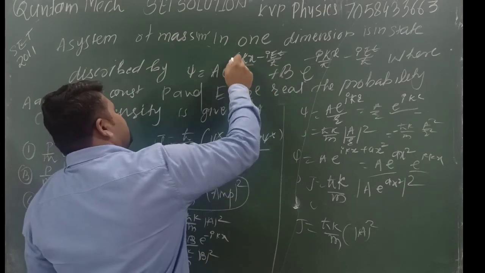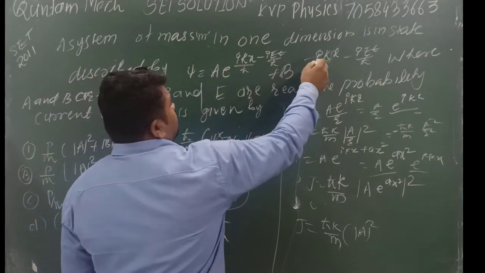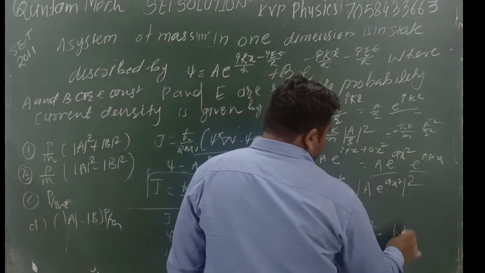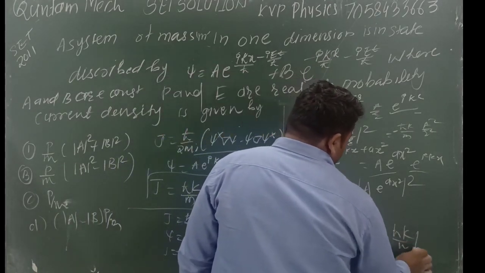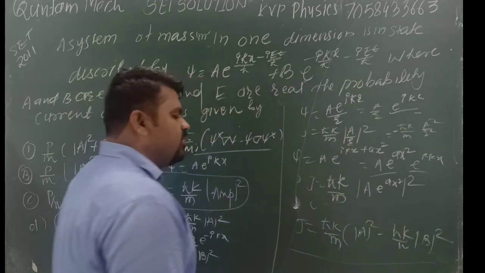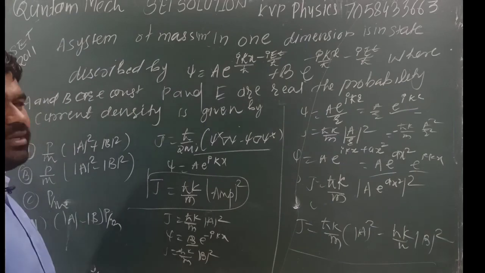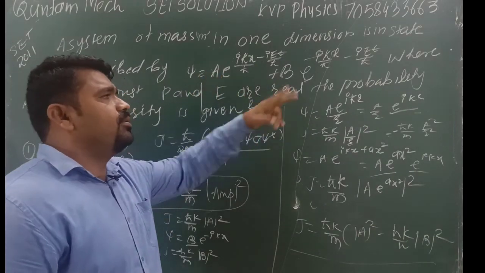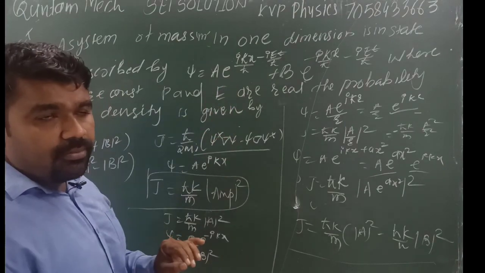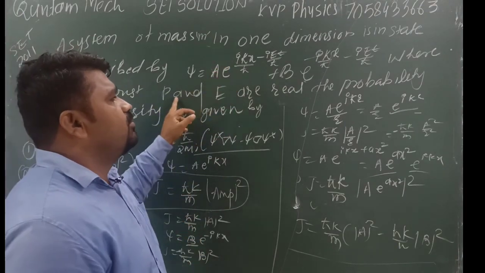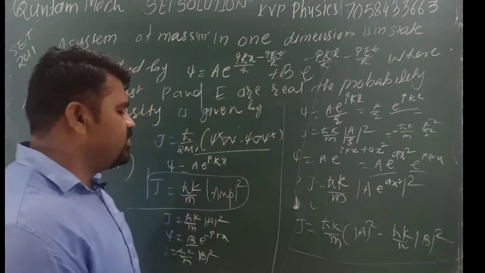Here the k sign is positive, plus; here the k sign is negative, write down minus h cross k upon m into mod b square. No need to solve anything for this question, directly we can use that trick. Simply amplitude mod a square, amplitude mod b square into h cross k upon m. Here sign is plus, write down plus. Here sign is minus, write down minus.